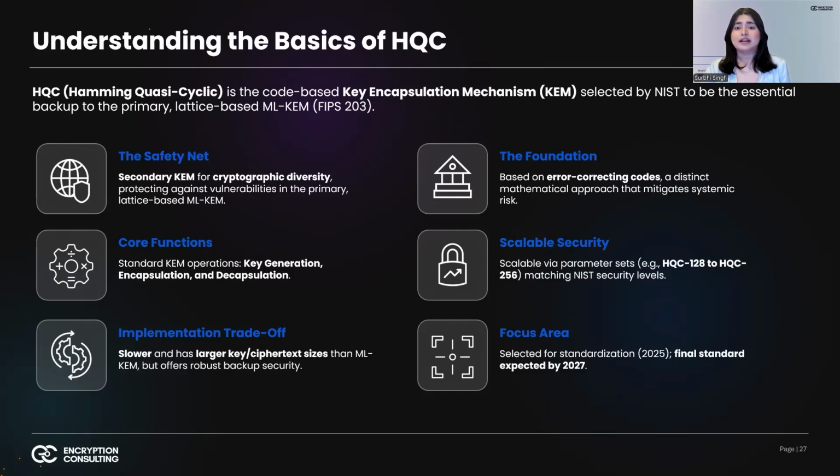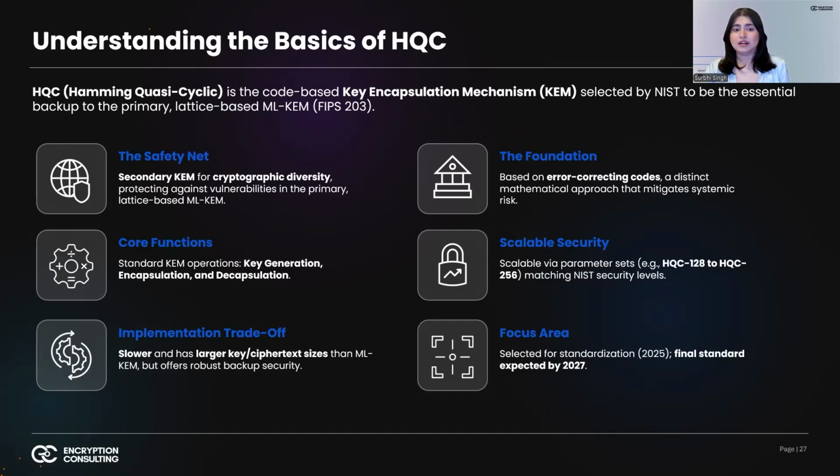But we need to address a fundamental question of long-term security. What if you're wrong? The primary algorithms MLKEM and MLDSA are both built on lattice math. If a major flaw or a genius breakthrough were to ever crack lattice cryptography, it would compromise every single system relying on those standards globally, and that is a massive systemic risk.